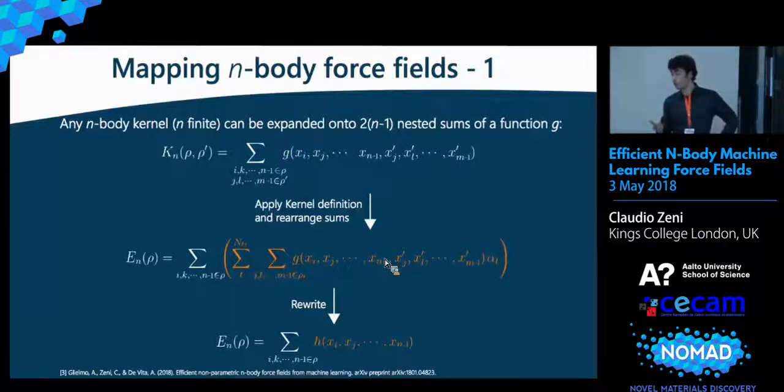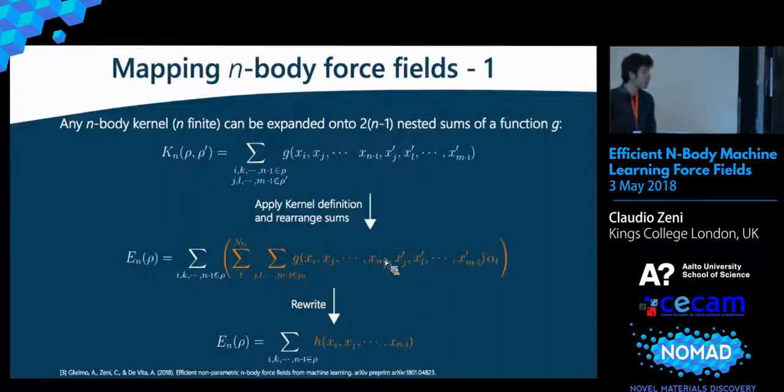we have that the prediction on a target configuration rho, for example, of an energy, but this can also be a force or any other property really, is given by a sum of all the contributions up to n-1 order in rho, and a function that only depends on the training set. So this function is fixed once the algorithm is trained.